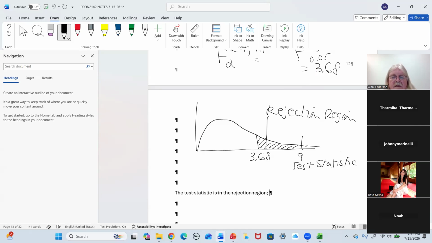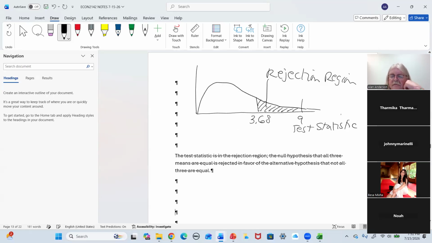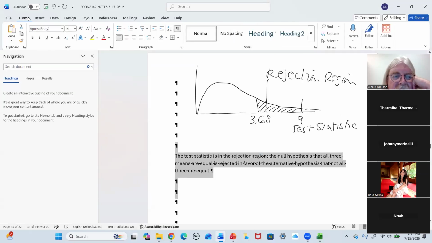So the null hypothesis that all three means are equal is rejected in favor of the alternative that not all three are equal. Okay, and make that bigger so you can read it.